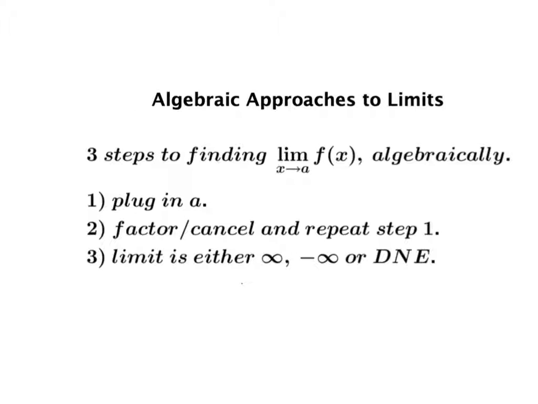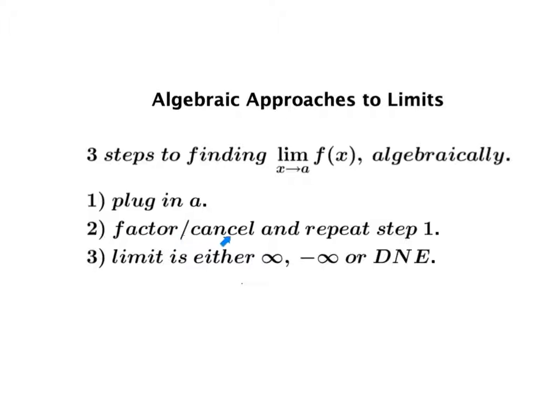When finding limits algebraically, we can use three basic steps. So the three steps to finding the limit as x approaches a of f of x algebraically are: first, just plug in a. If you get a finite answer, then you have your limit. Second, we want to remove any discontinuities or any holes.